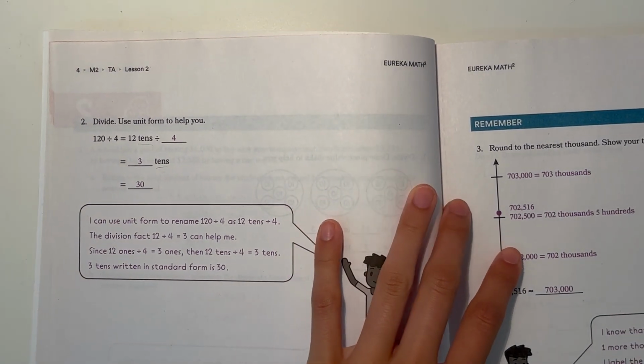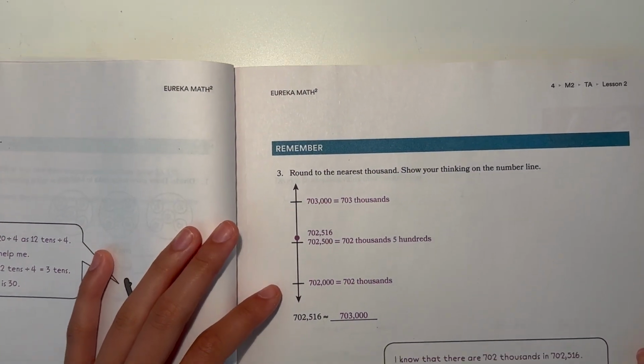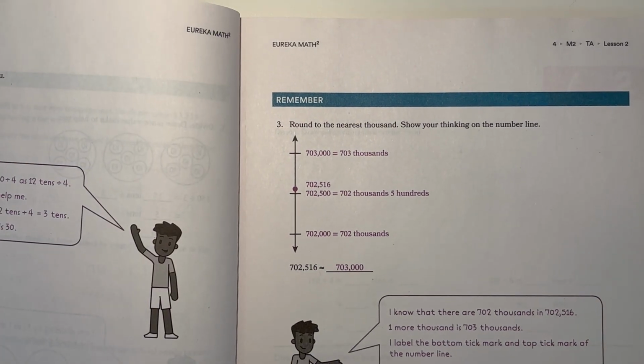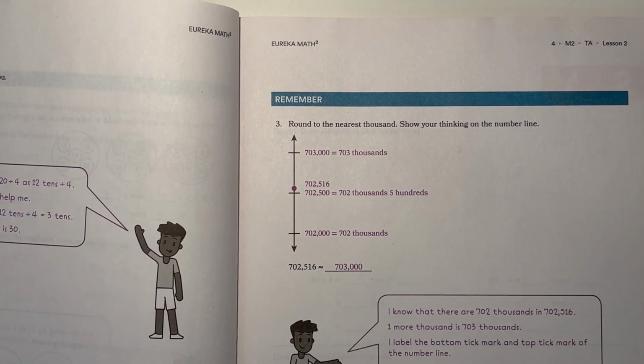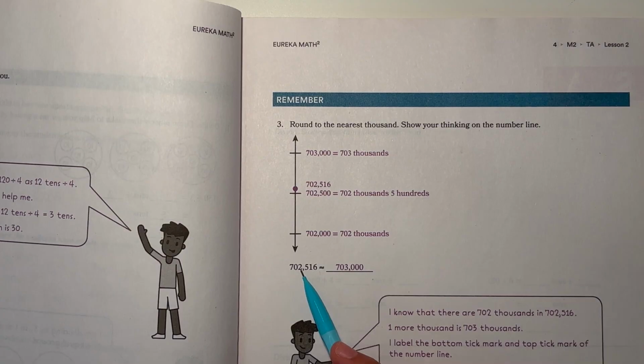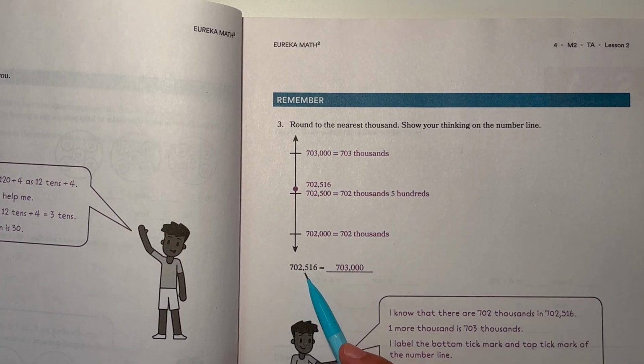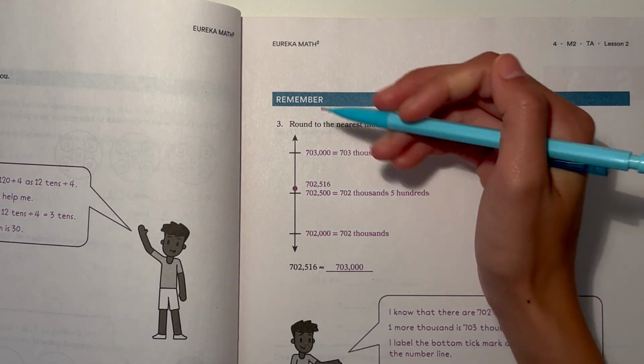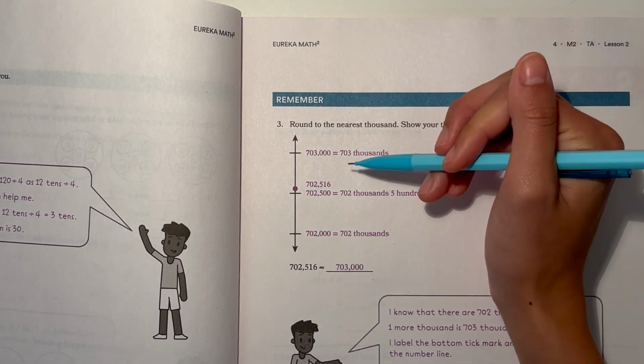Now we have lesson 3. Number 3. Round to the nearest thousand, show your thinking on the number line. 702,516. To the nearest thousand, we look at the previous place value, which is the hundreds.